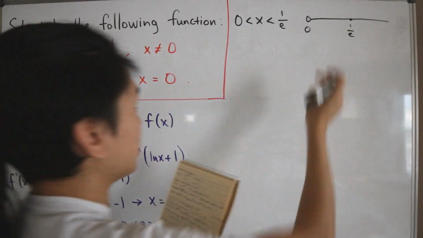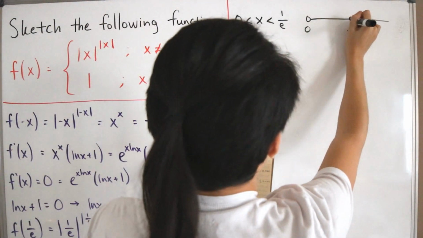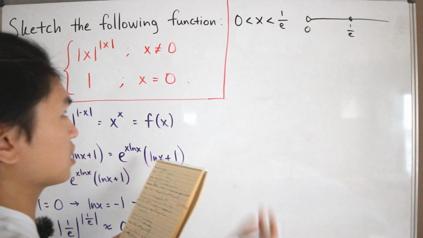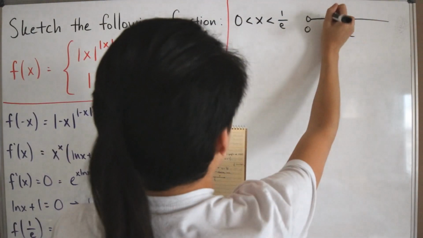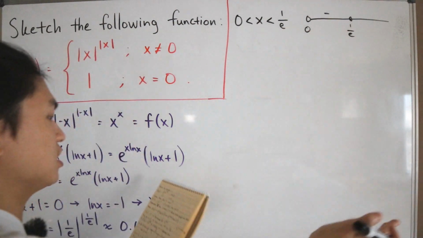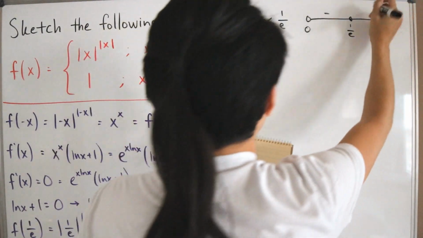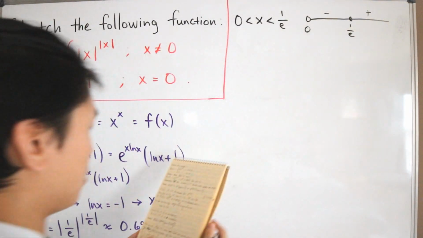Any number between 0 and 1 over e, and I should make an open dot here, not a closed dot, because closed means inclusive, is going to give a negative, implying that between 0 and 1 over e, it's decreasing. And if you plug in anything strictly greater than 1 over e, you're going to get something positive, so that means it's going to increase.